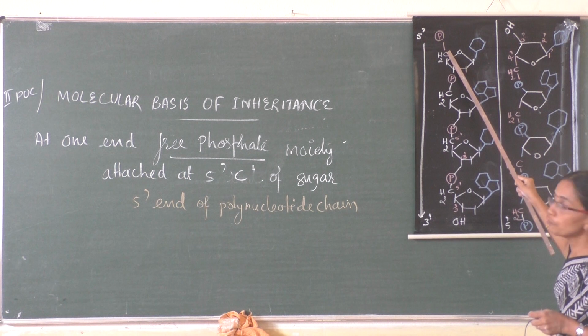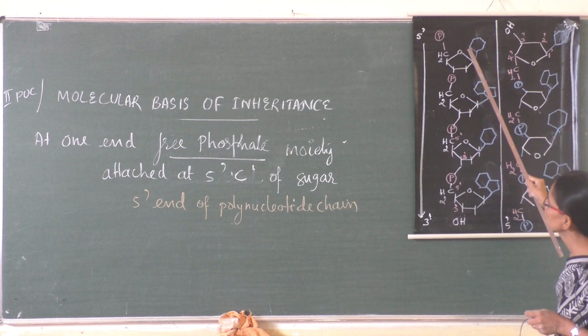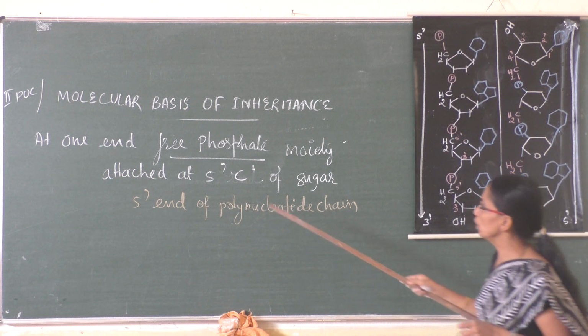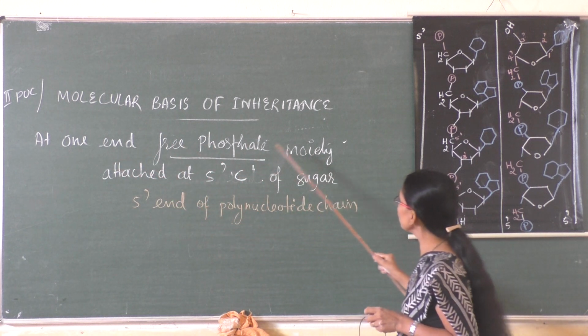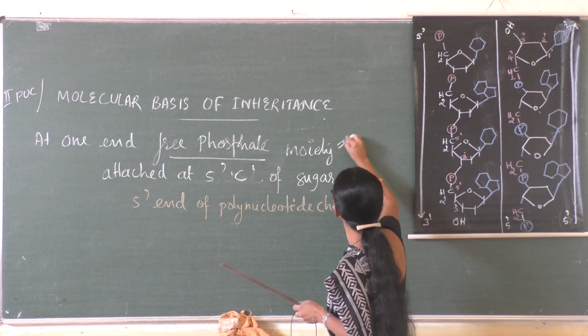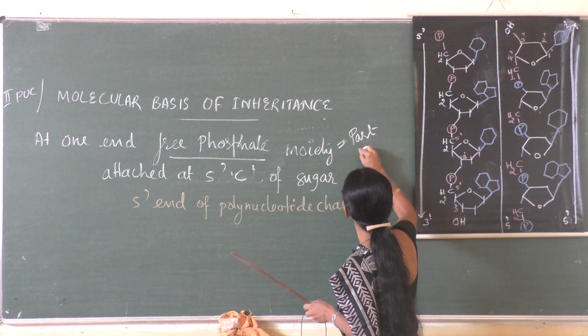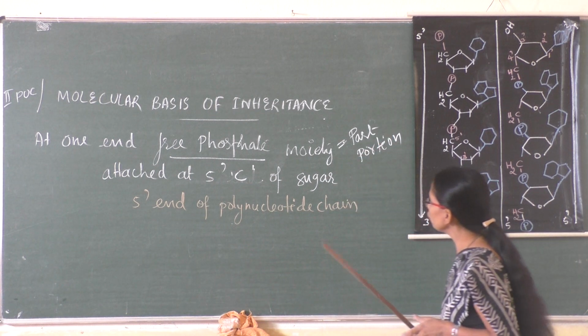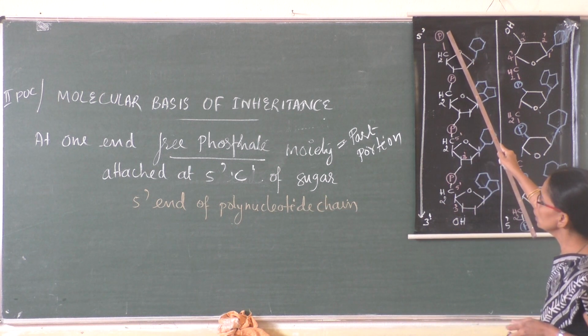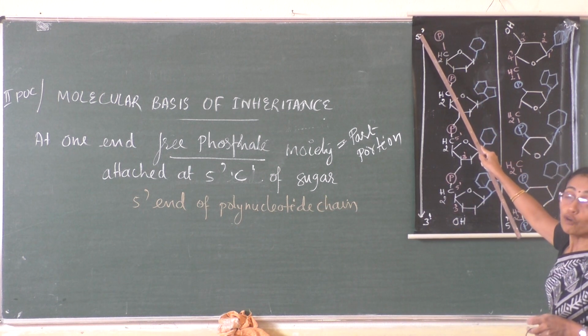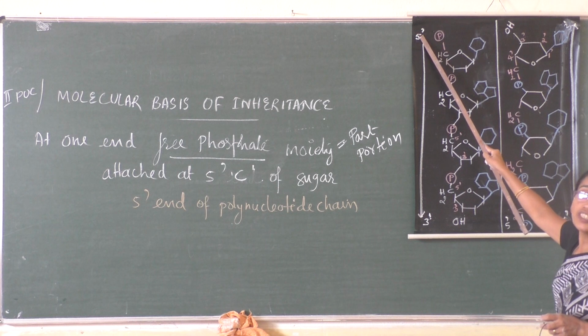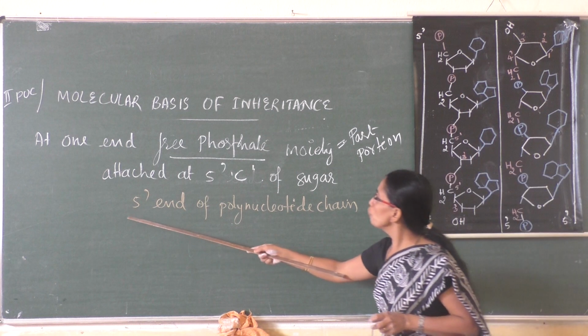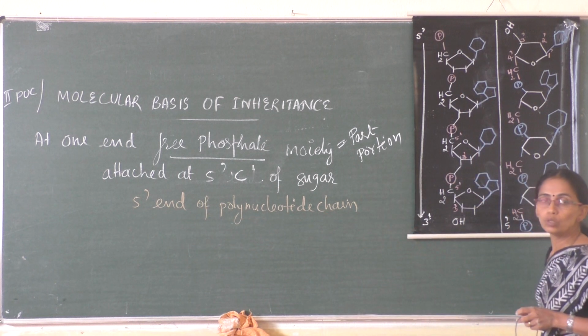This carbon is fifth prime, the fifth prime carbon of deoxyribose sugar. So at one end there is a free phosphate moiety attached at the fifth prime carbon of the sugar, and this is referred to as the fifth prime end of the polynucleotide chain.